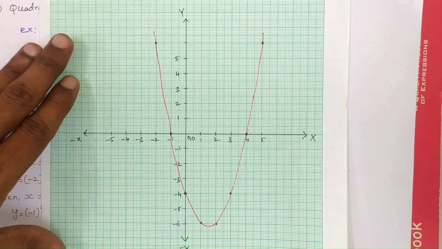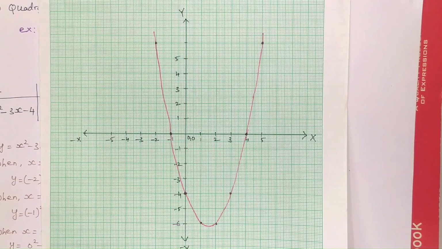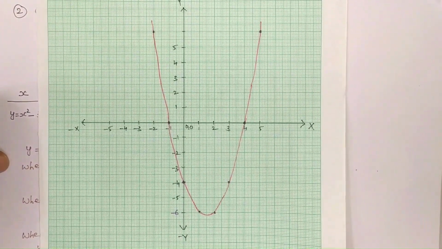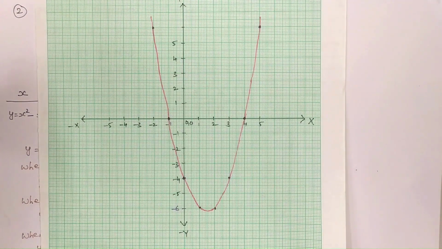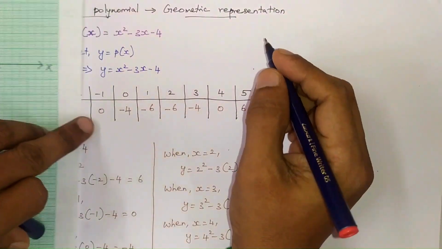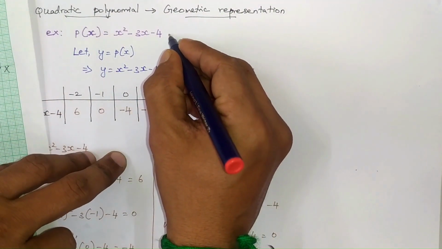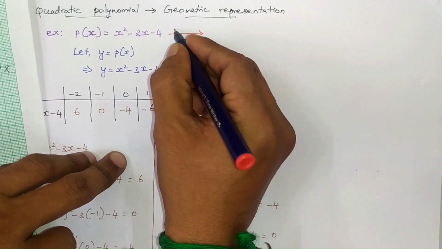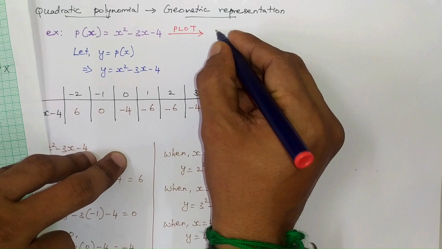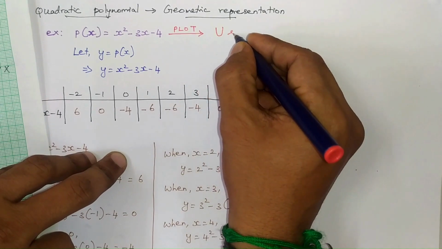So when we join all the points, it is like a U-shaped curve. What we can observe is a U-shaped curve. So this is very important. When we plot this polynomial, we get a U-shaped curve.